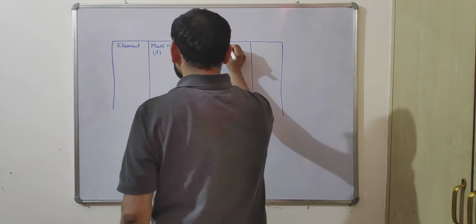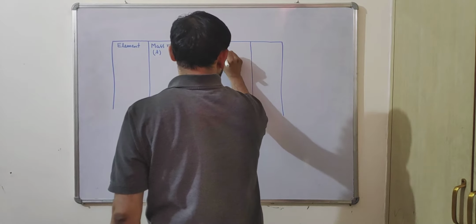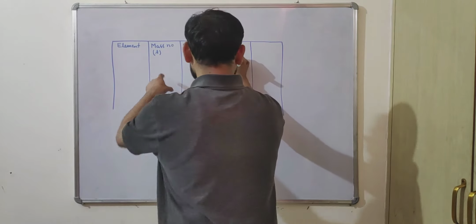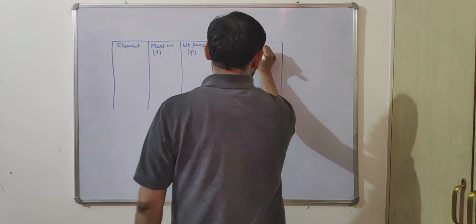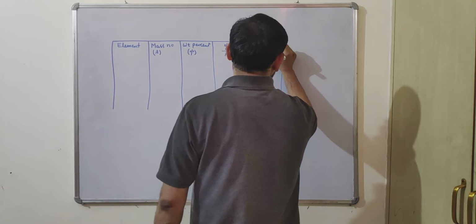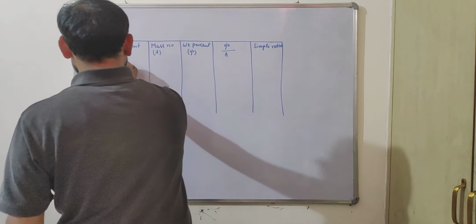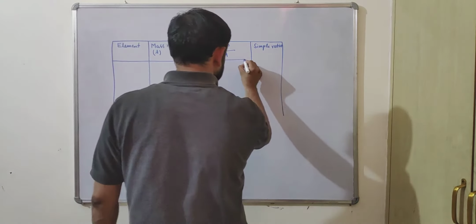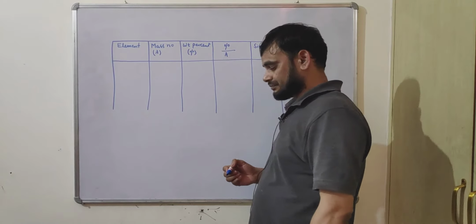In column 4, percentage upon mass number, and finally simple ratio. So these are the 5 columns that are required to make.